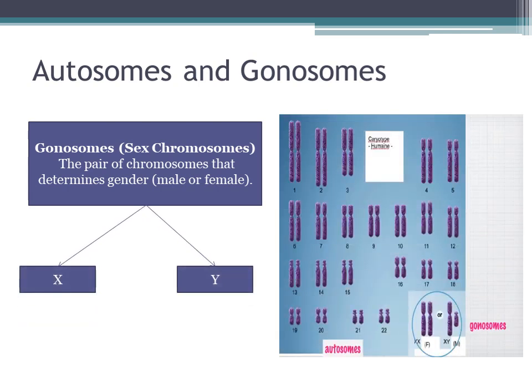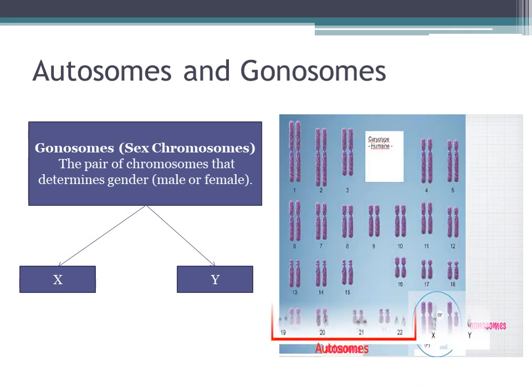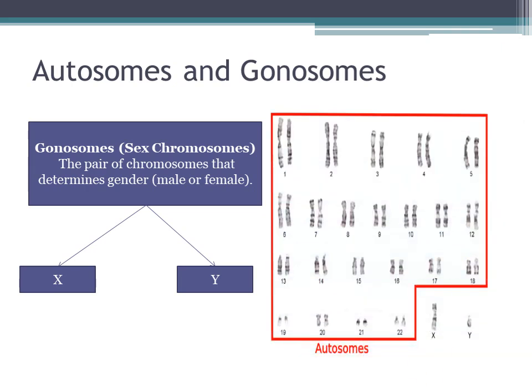They are of two types, X and Y. X is the longer one, while Y is the shorter one. Gonosomes are found at the right corner end of a karyotype, here, while the other pairs from numbers 1 to 22 are called autosomes.